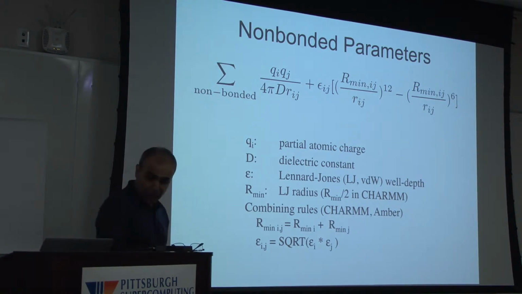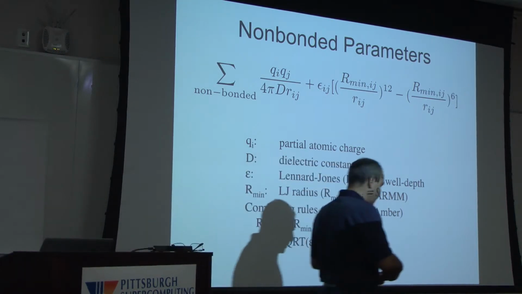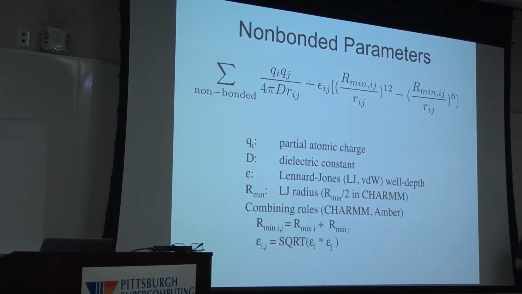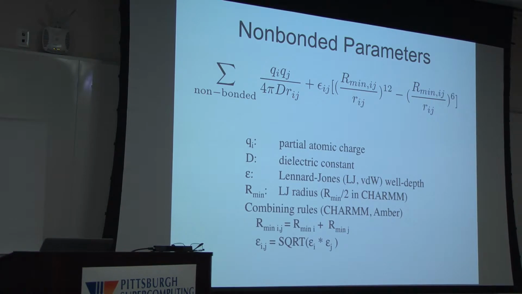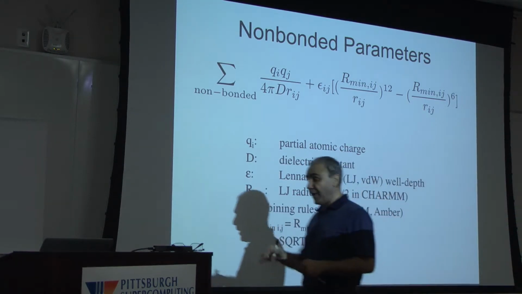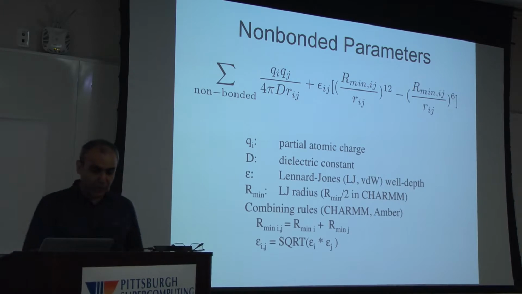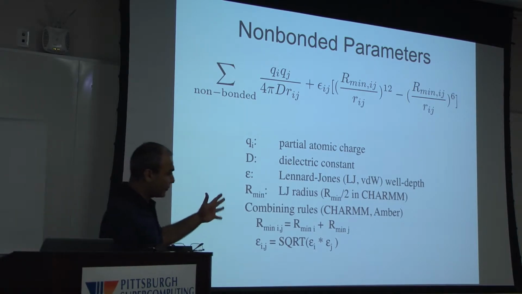We are going to cut them at some point because we can't calculate everything. So we're going to define a cutoff and say beyond this point, let's say 12 angstrom or so, I'm not going to calculate anything. So I'm going to start at 10 angstrom and define a switching function to slowly bring it to 0 at 12, so there is no break in my potential energy, and I can calculate forces consistently.